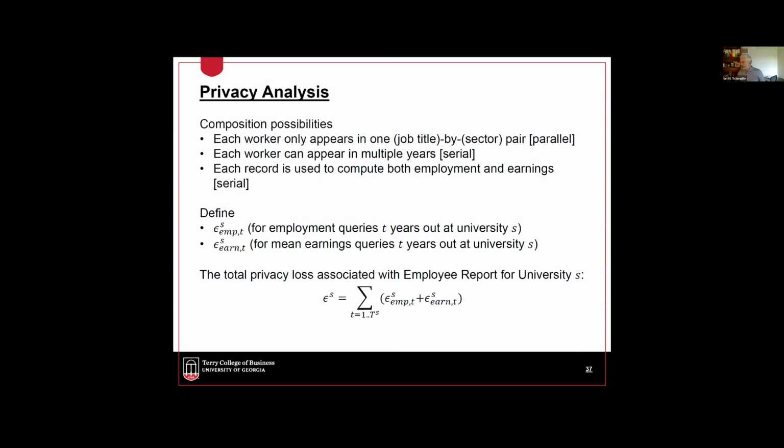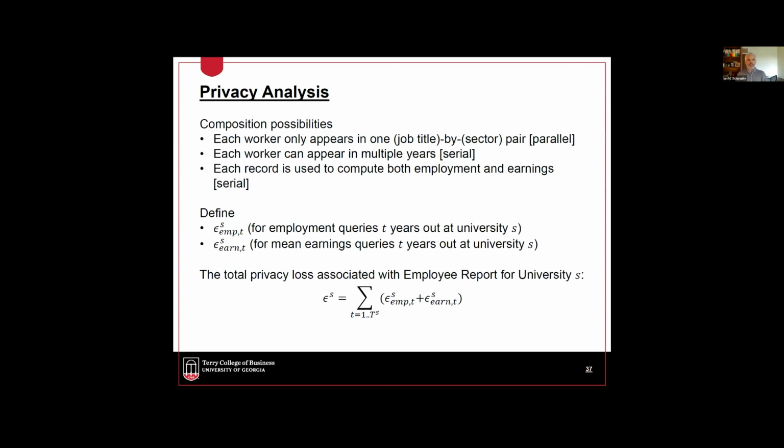Okay, the thing I want to focus on here is the privacy analysis, where we want to understand, after we do all of these calculations, what's the total privacy loss? So you can reason through the different composition possibilities. Each worker appears in only one job title by sector pair, and so that means that across those groupings, we can do parallel composition.